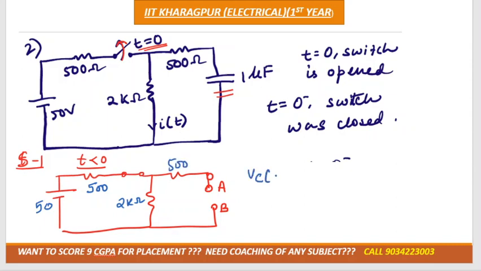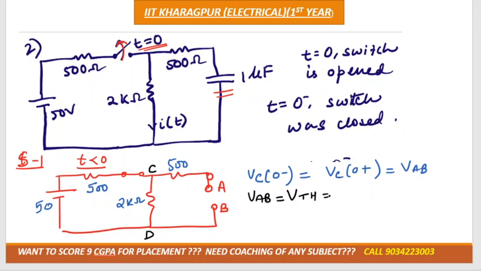We need to calculate VC of 0 minus, that would be equal to VC of 0 plus, that would be equal to VAB, correct? Now tell me, how can we get the value for VAB? How can we get VAB?